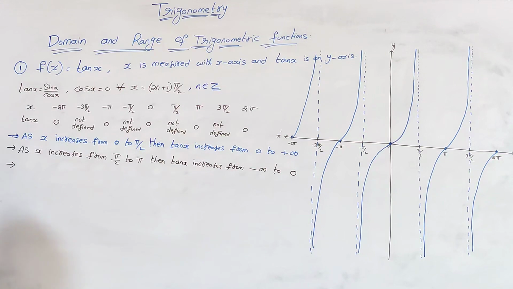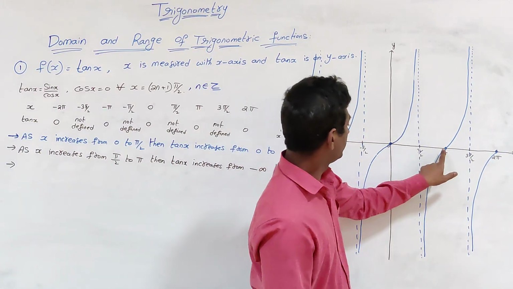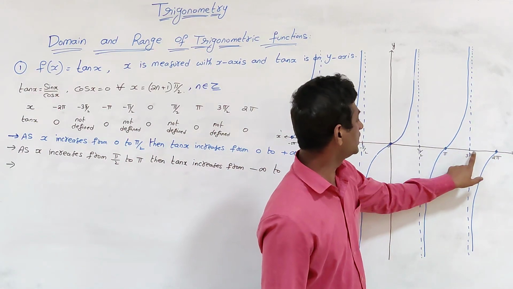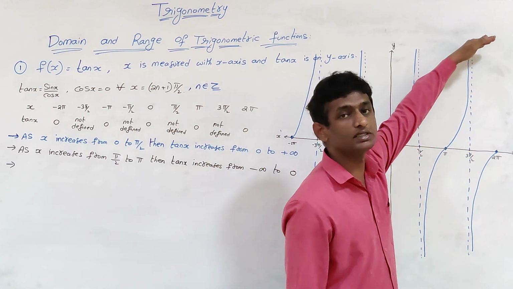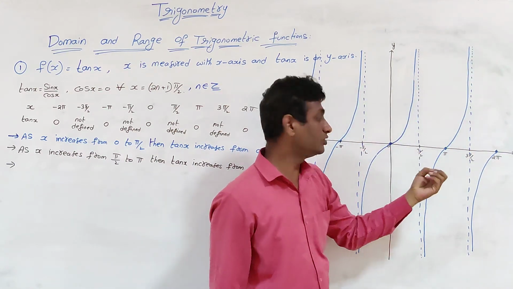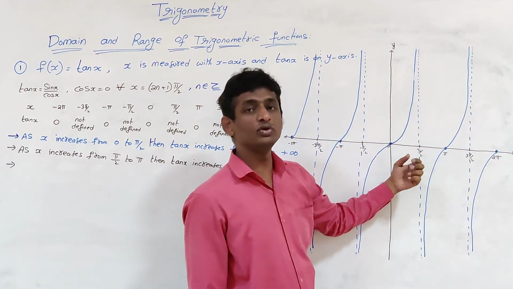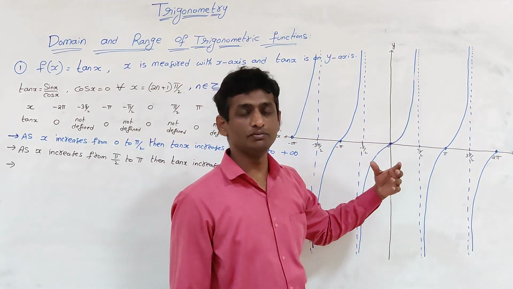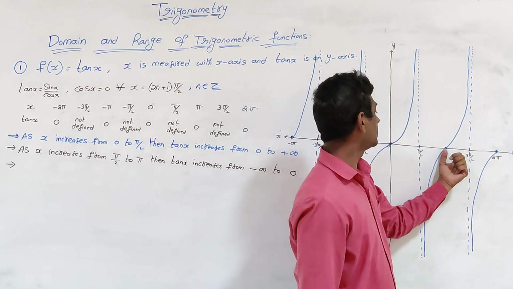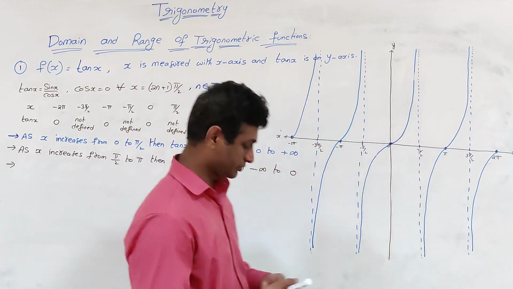Next, again when x increases from pi to 3 pi by 2, again it is increasing. Means whatever the values in between 0 to pi by 2, the same outputs will exist from pi to 3 pi by 2.